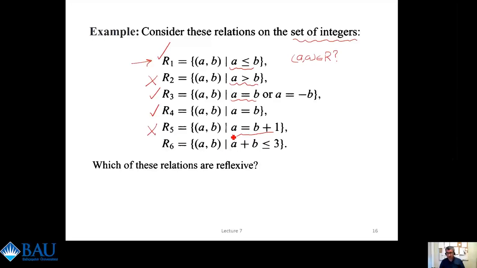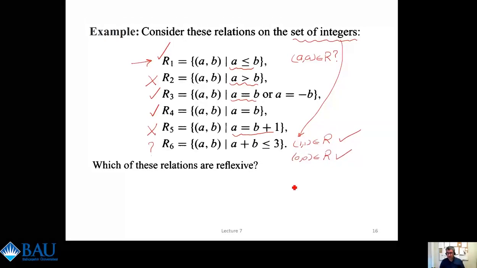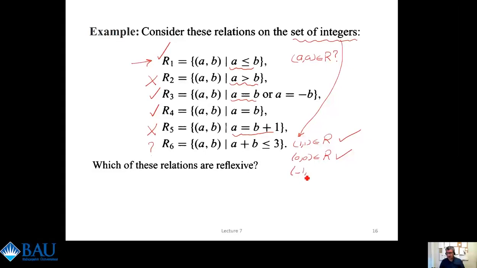R6: is R6 reflexive? For some elements of A, yes; for some elements, no. For example, in the set of integers, 1, 1, do we have it? Yes. 0, 0. Minus 1, minus 1.